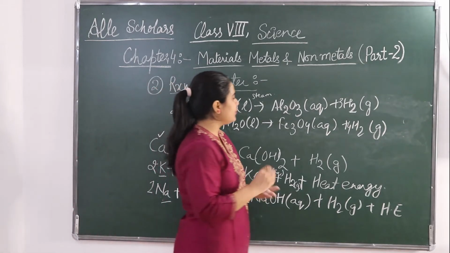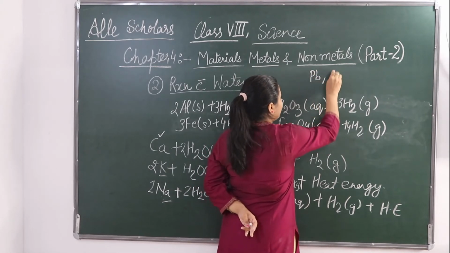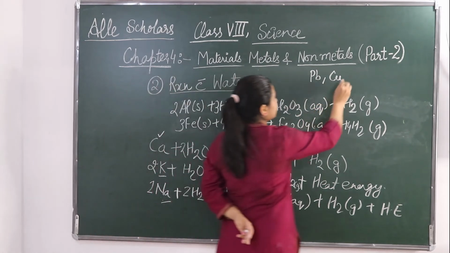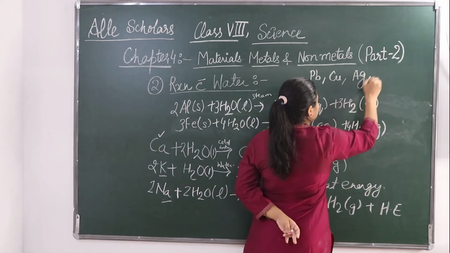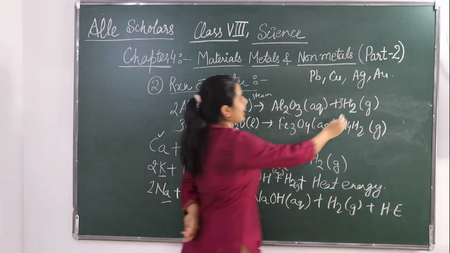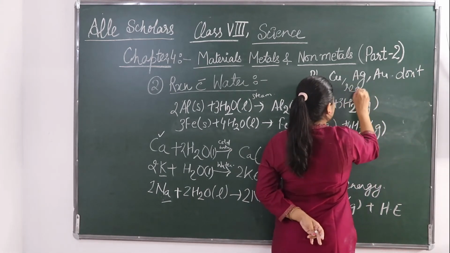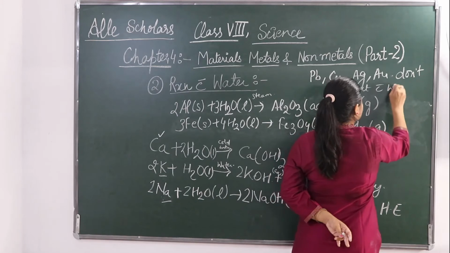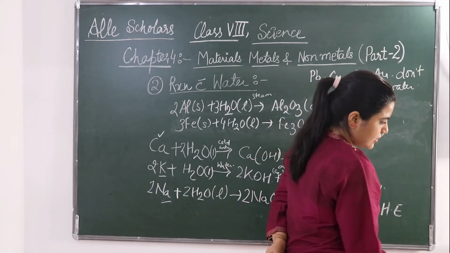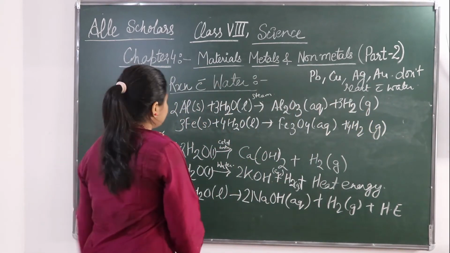I would like to name them: lead, copper, silver and gold. They do not react with water. Although they are metals, they do not react with water. Fine. So this was about the reaction with water.